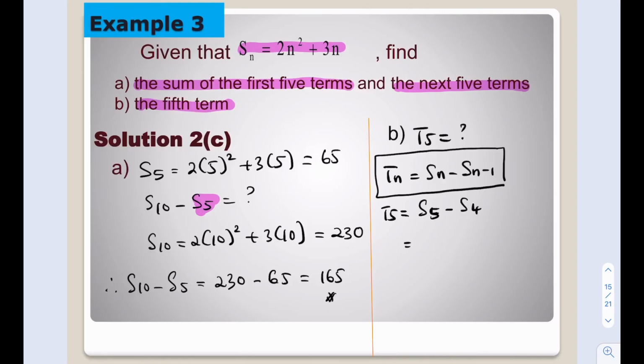So S5, we already have the value, which is 65. Therefore, 65 minus S4, you just substitute 4 into the Sn formula, which is 2 multiplied by 4 squared plus 3 multiplied by 4. And then, if you calculate, you will get 21. Therefore, T5 equals to 21.